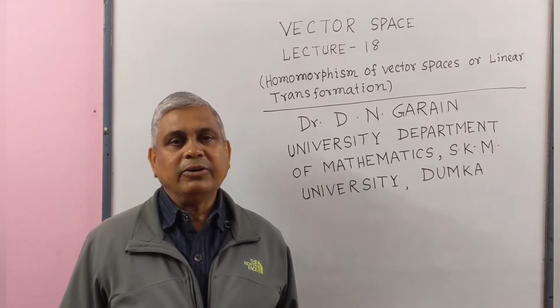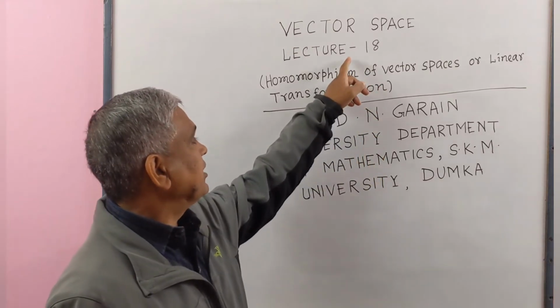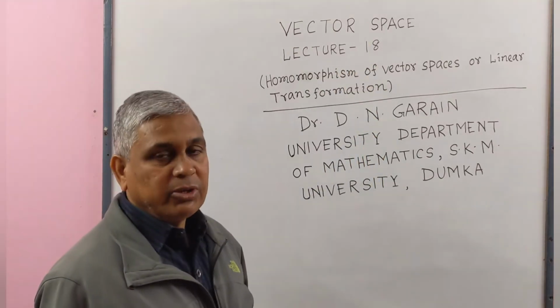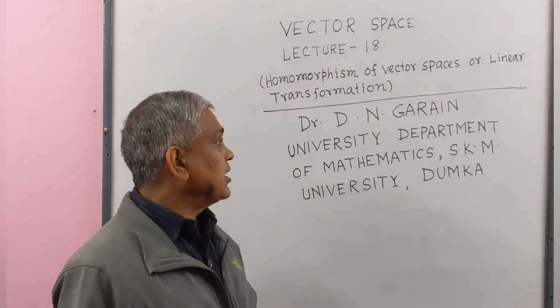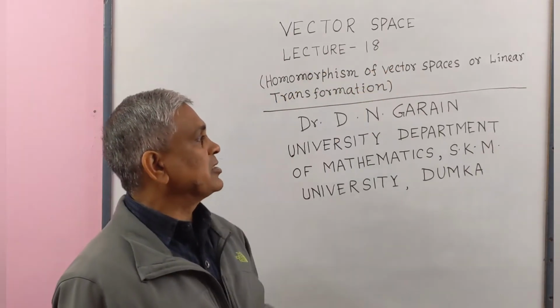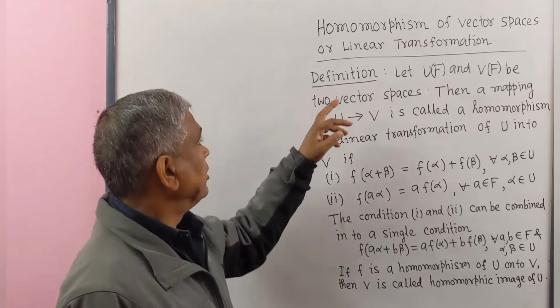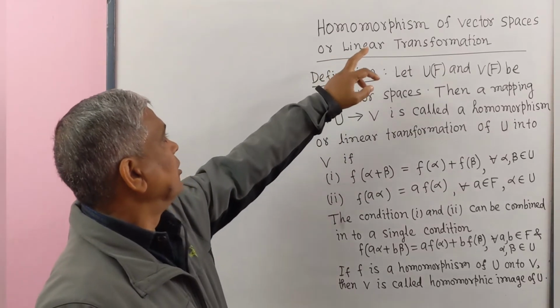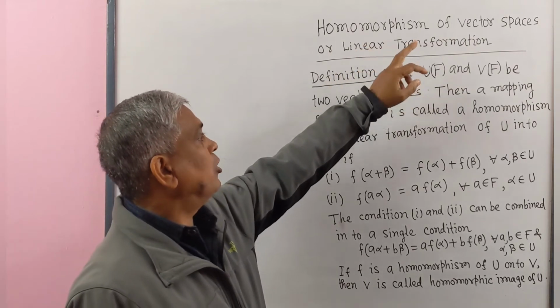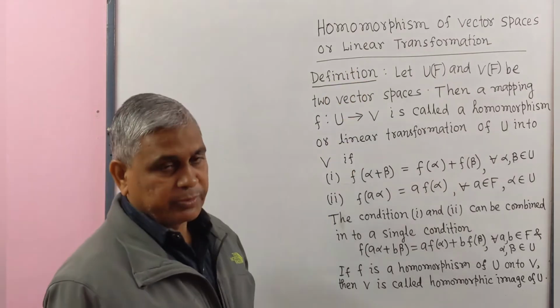Today I will deliver a lecture on vector space, lecture number 18, in which I will discuss homomorphism of vector spaces or linear transformation. Now we define homomorphism of vector spaces or linear transformation.